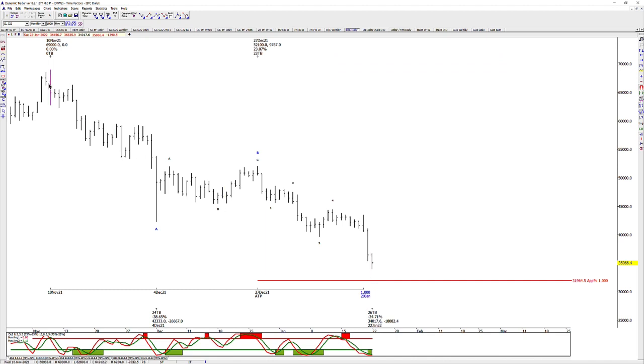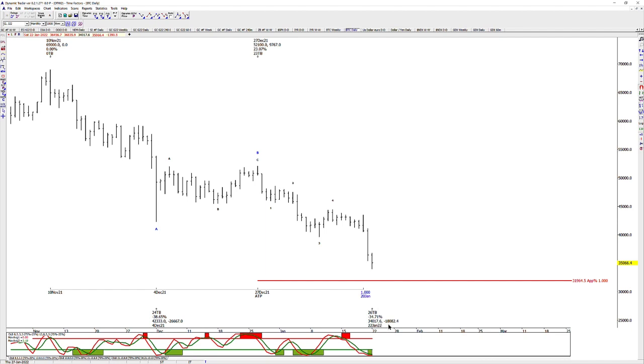So if we do the daily alternate time and price projections of this initial decline into the December 4th low, that was 24 days down, actually 23 days, then a correction, and then another 24 days down would be January 20th, so actually 2 days before this January 22nd low.